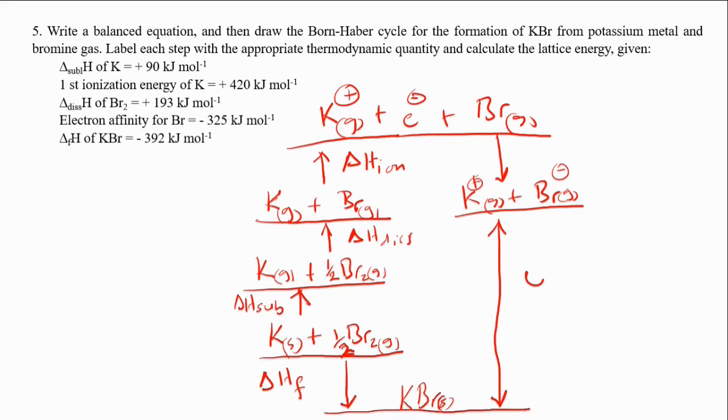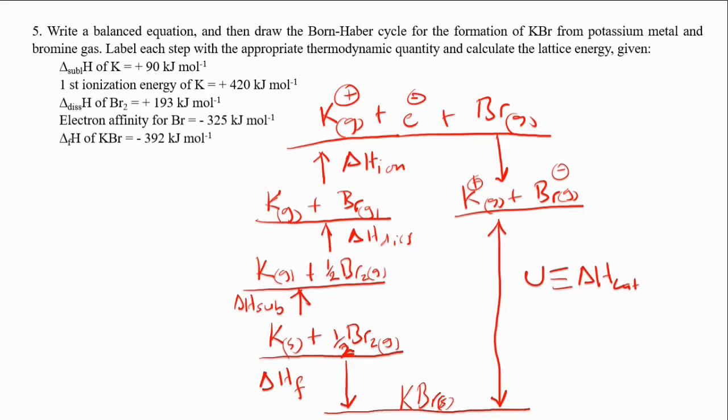This is normally what we call the lattice energy, represented by U, or in some books you might see delta H LAT or delta HL. Generally, lattice energy means the energy required to convert 1 mole of solid ionic lattice into gaseous separated ions. So that is our Born-Haber cycle.